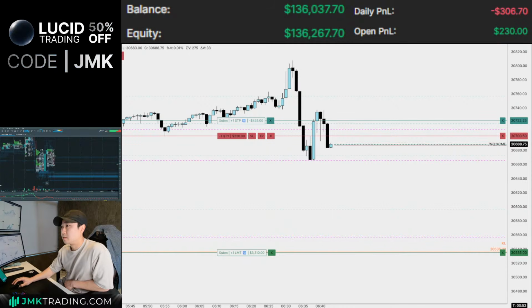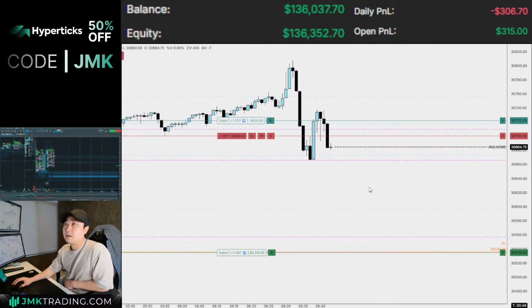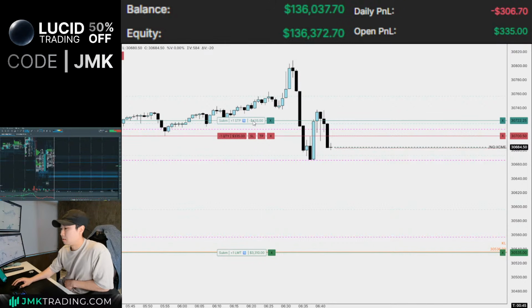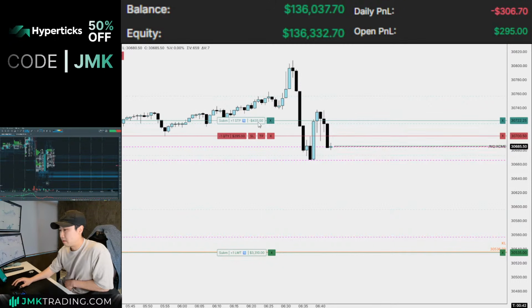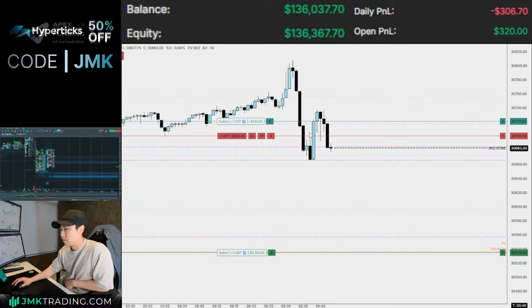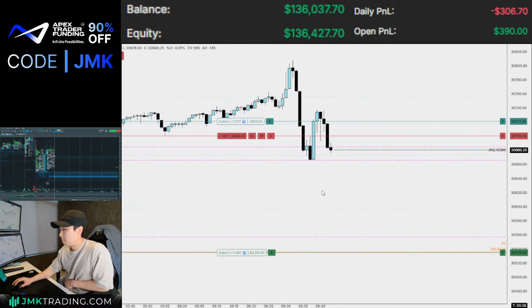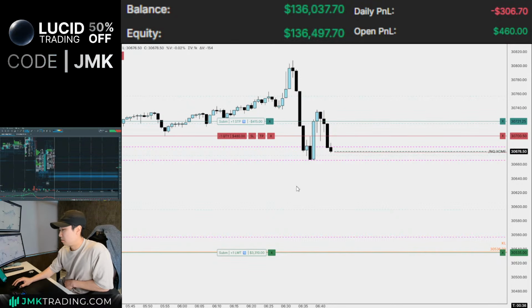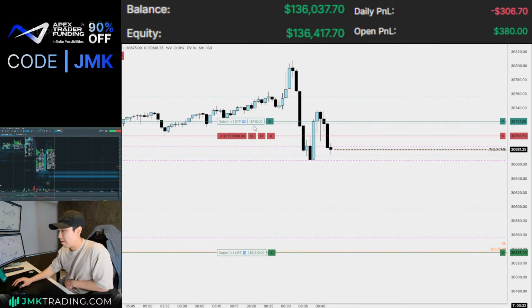We're getting good breaks on lower time frame, so I do like it. But if you look at like the 15-second chart, there's a lot of top wicks. So there's a chance that this wicks up. But I really like this level here on this previous 1 minute candle. As soon as we break below current low, I want to set this break even.